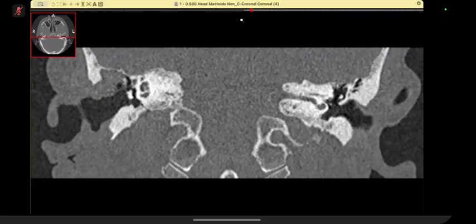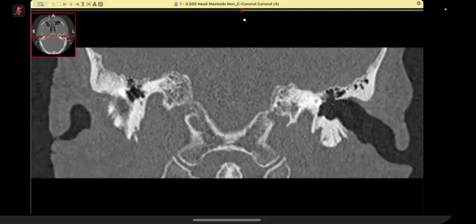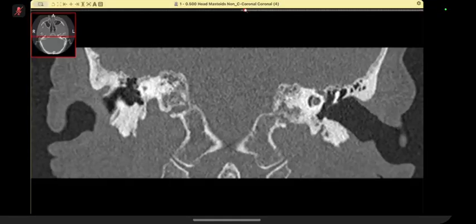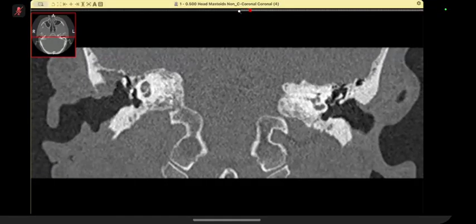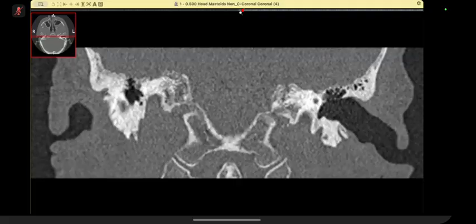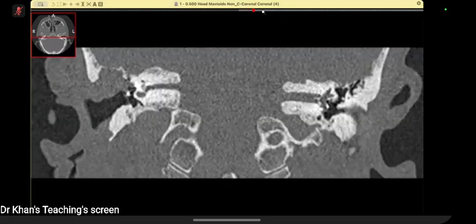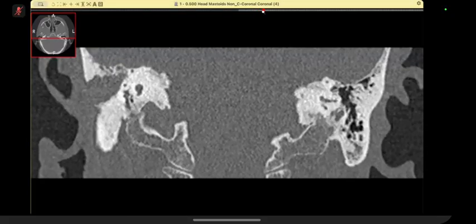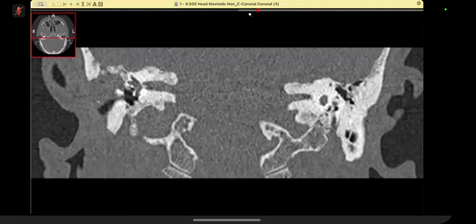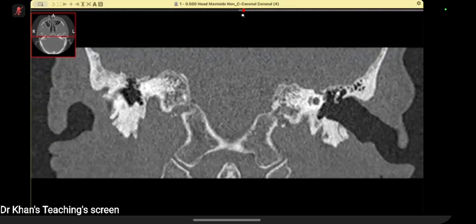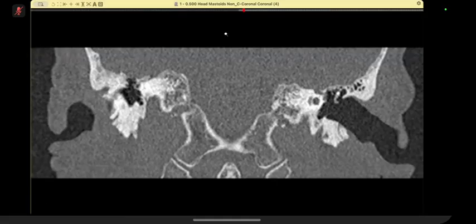Where is the irregularity? Show me. So this part appears irregular. That can be normal. So this can be a recurrent mass, and it is non-dependent. So this can be a recurrent cholesteatoma. This is the surgical cavity, surgical field. A normal mastoidectomy looks like this always.